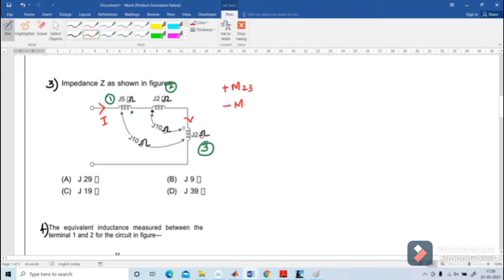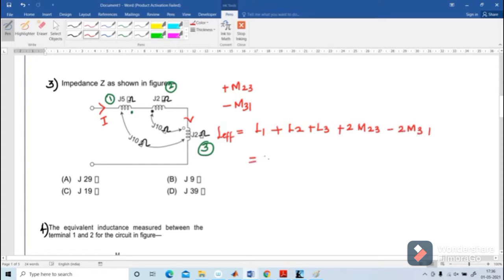So minus M31. Now I am going to write the effective inductance. L effective is equal to L1 plus L2 plus L3 minus 2M23 plus minus 2M31.